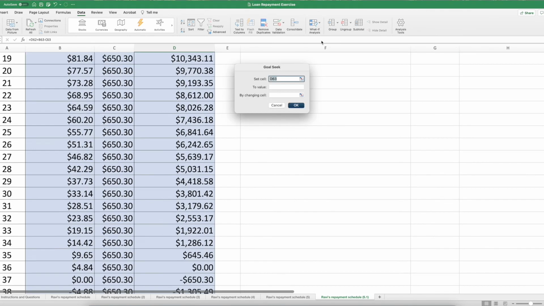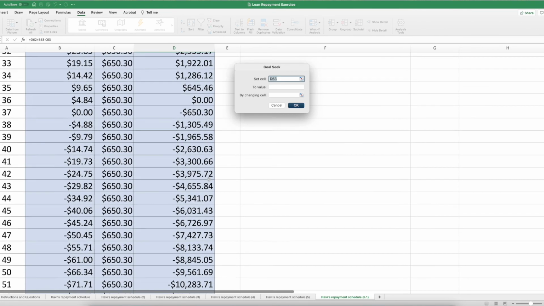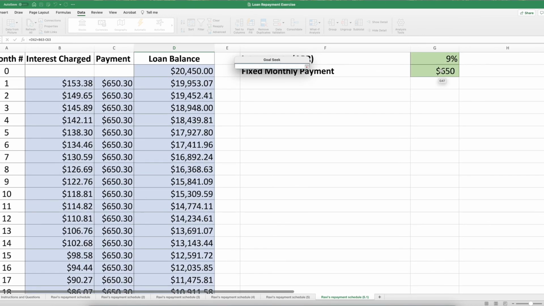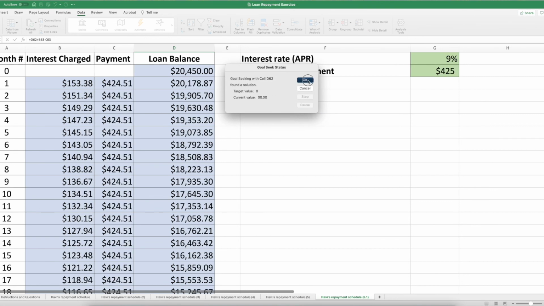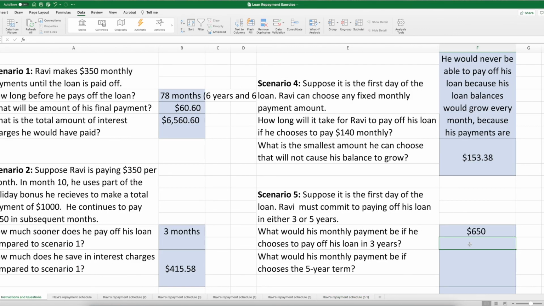So what if analysis, goal seek, set the value of the loan balance at the end of 60 months equal to 0 by changing the input value, which is the fixed monthly payment, and I press enter, and Excel calculates it to be 425. Okay, so as long as Ravi makes a fixed monthly payment of $425, his loan will be paid off in 5 years.